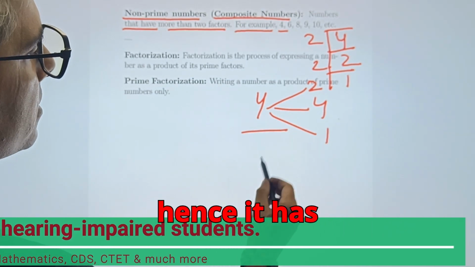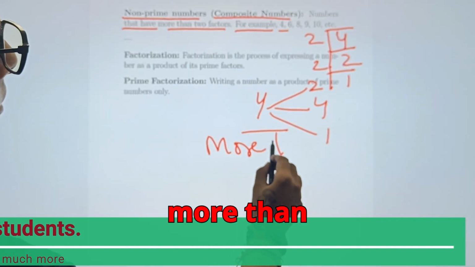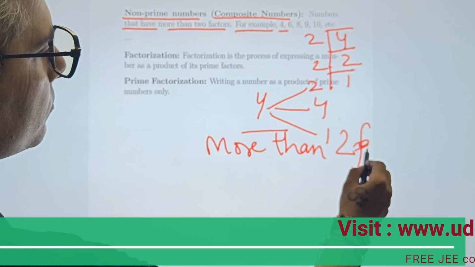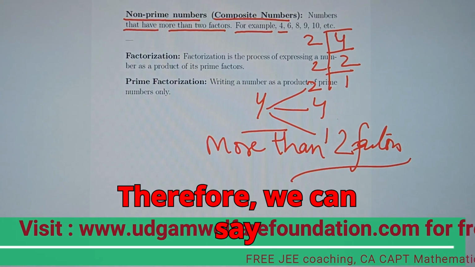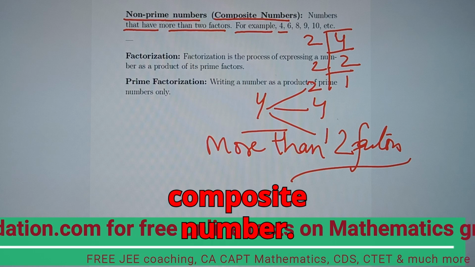Hence it has more than two factors. Therefore we can say that 4 is a composite number.